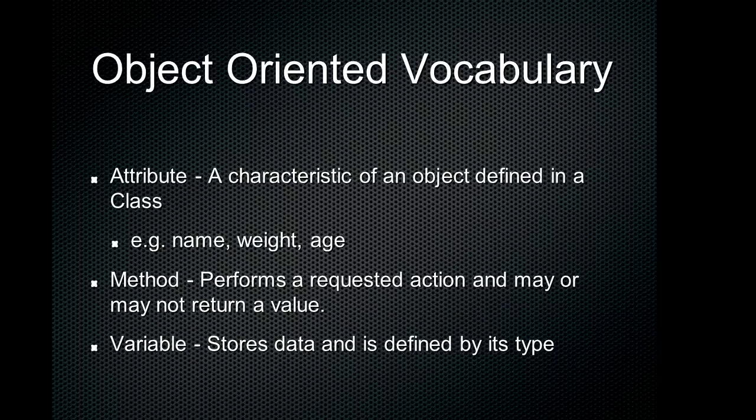And we need to give the variable two things to make it a variable. Number one, we need to give it a unique name so that we can recall this variable later. We need a unique name for that. Number two, we need to give the variable a type, which is what I was just talking about.